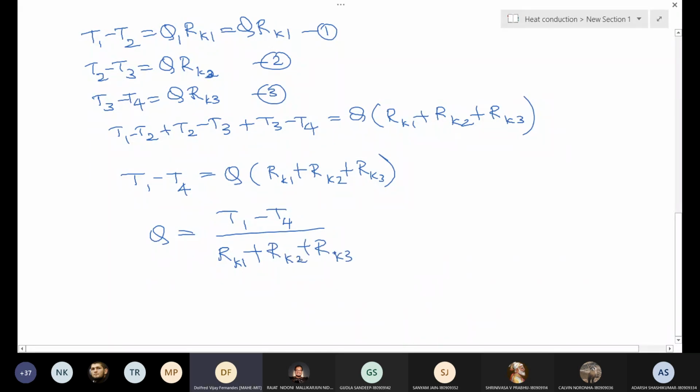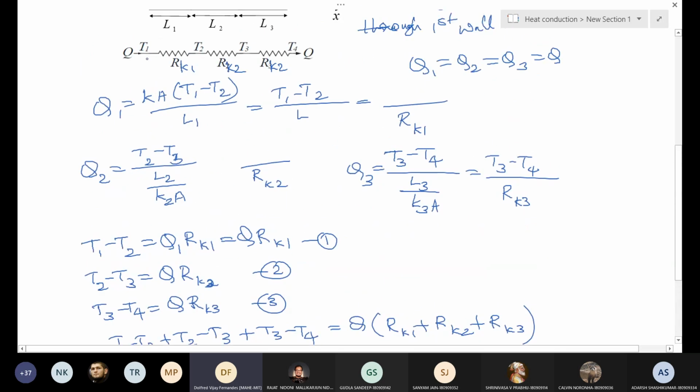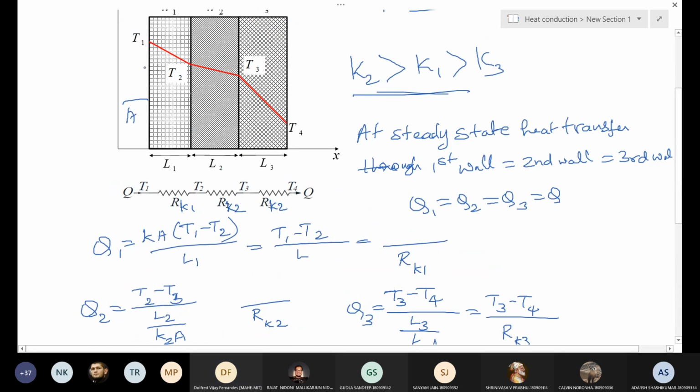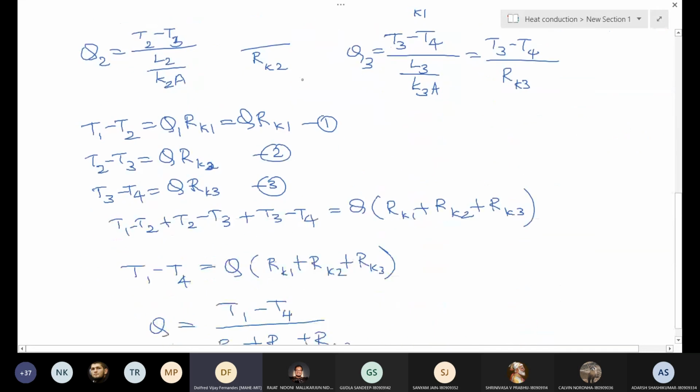That is why we use the electrical analogy here. It's very easy. The temperature on this side of the first wall is T1, and the temperature at the end of the third wall is T4. That is enough for us to calculate the rate of heat transfer.